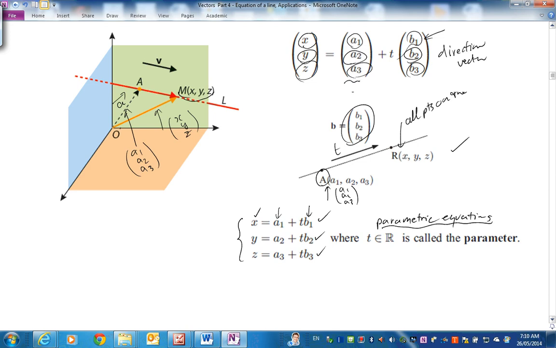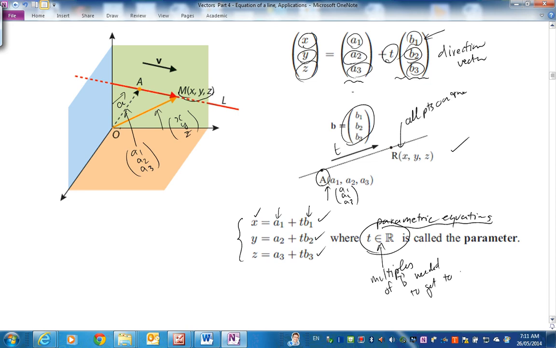Okay, we're displacing, moving this point along the direction of the line by various multiples in either direction, positive or negative. Remember down here now, t is a member of R, called the parameter. And a parameter in a system means another property of the system. So the property of the system here is that t represents the multiples of b, or fractions, whatever, multiples of the direction vector needed to get to a point.